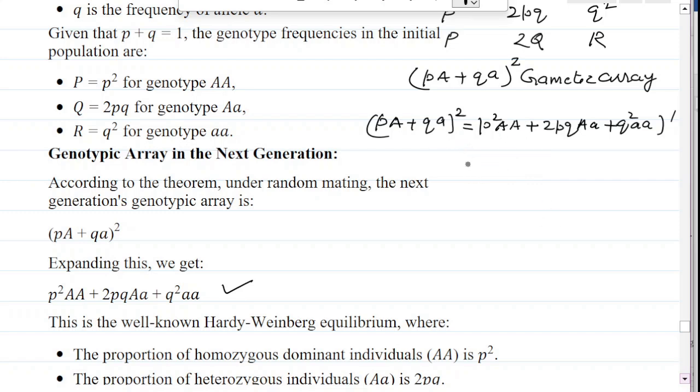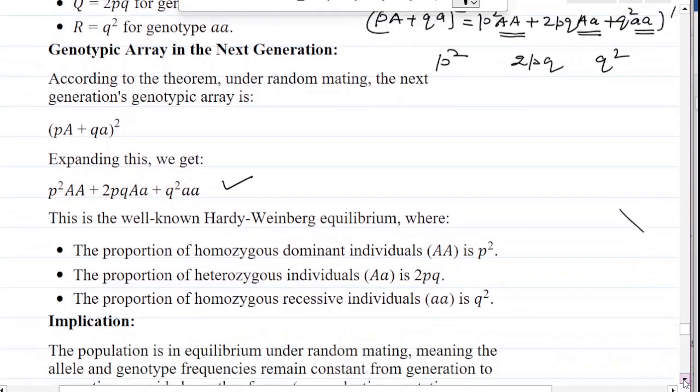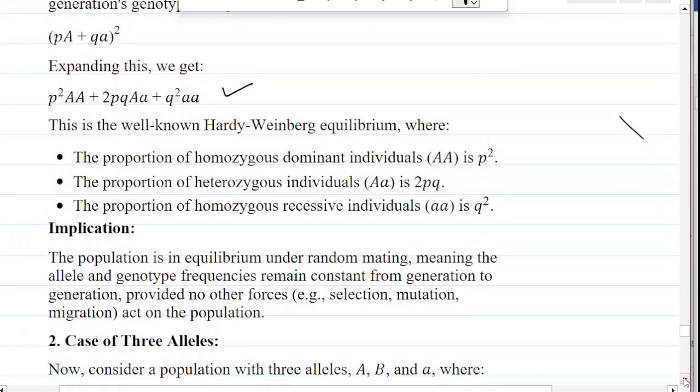Now here, these are homozygous dominant individuals, and what is their proportion? Say P square. The proportion of heterozygotes is 2PQ, and the proportion of homozygous recessive individuals is say Q square. Now what are the implications?